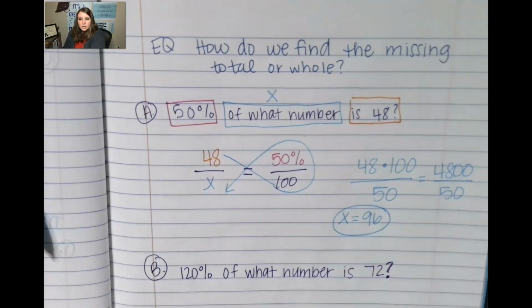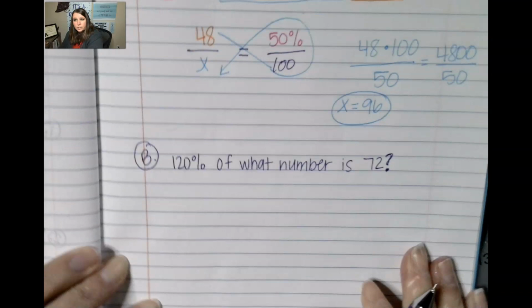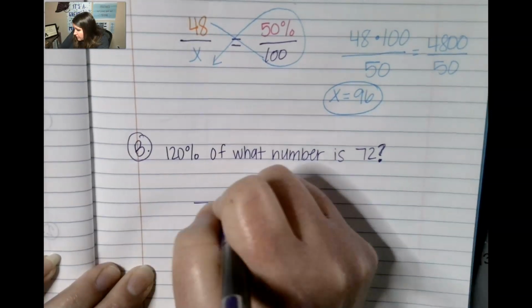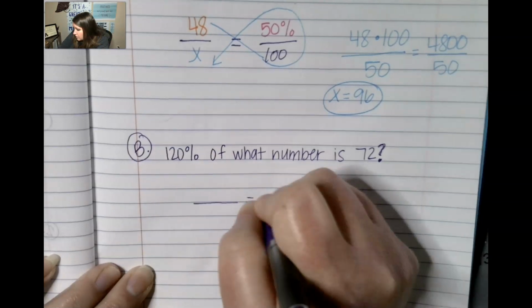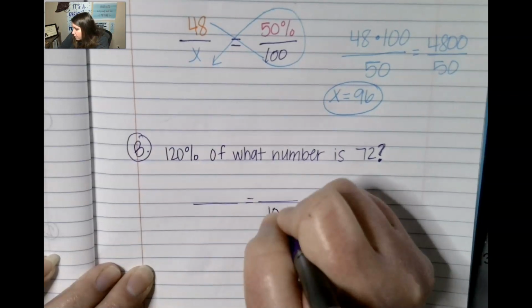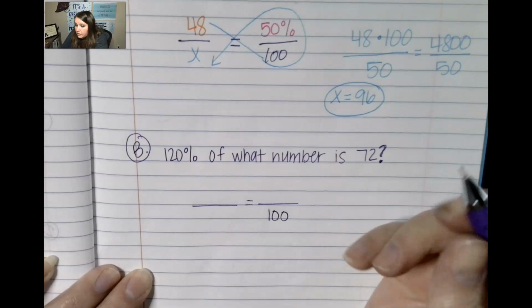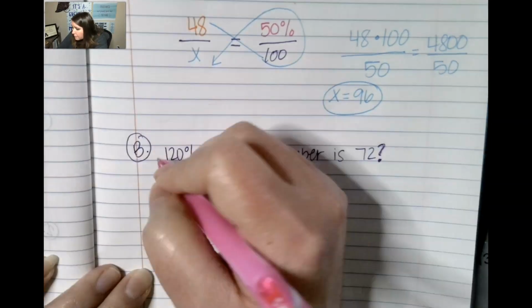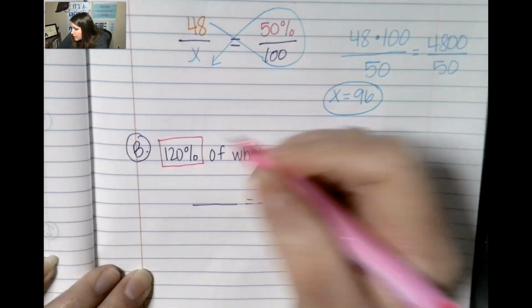All right, so our job is to set up our proportion. So again, we're going to set up that proportion. This side is equal to this side. How do I get from one number to the other? Percent, let's box it up. 120%.